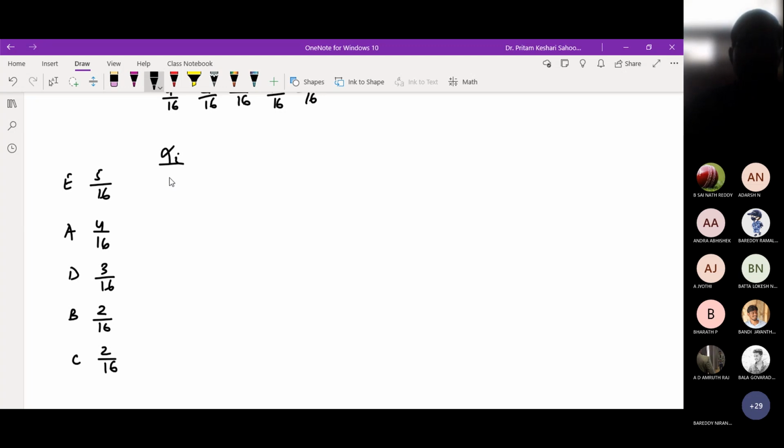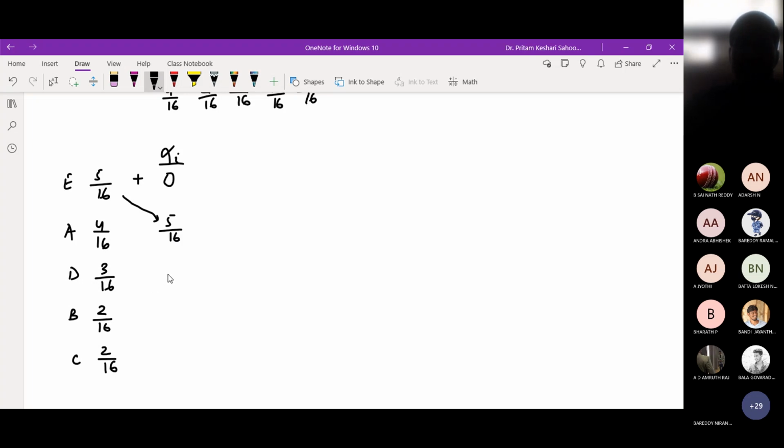The first value of alpha i, that is alpha 1, you have to take by default as 0. Always remember, the first value you have to take as 0. And the next value, alpha 2, you can find by the summation of these two: 0 plus 5 by 16, you will get 5 by 16.